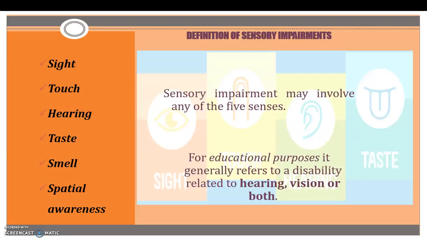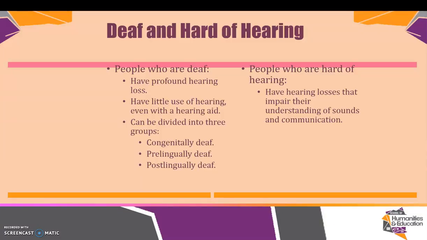And low vision and blindness, as well as deaf and hard of hearing, fall under the umbrella of low incidence disabilities. Let's take a look first at deaf and hard of hearing. So people who are deaf have a profound hearing loss. They have little use of hearing, even with the use of a hearing aid.